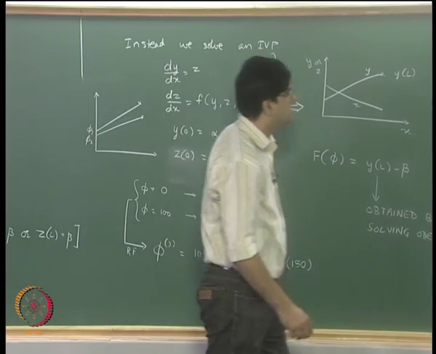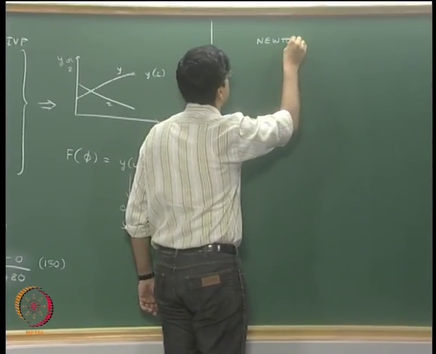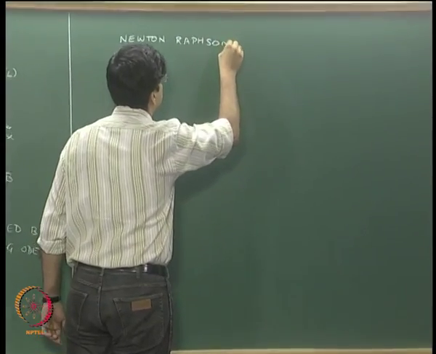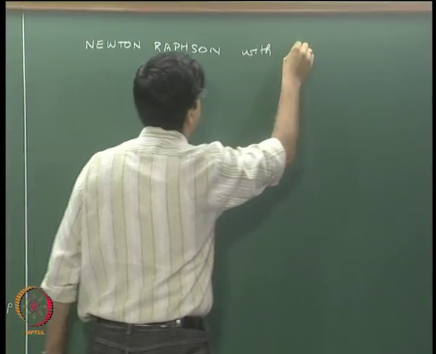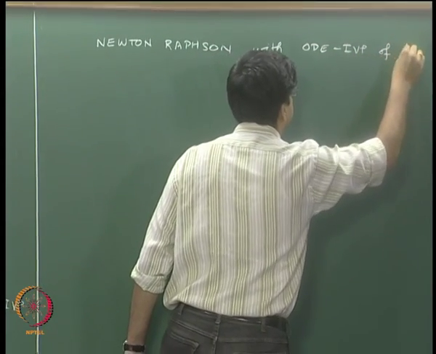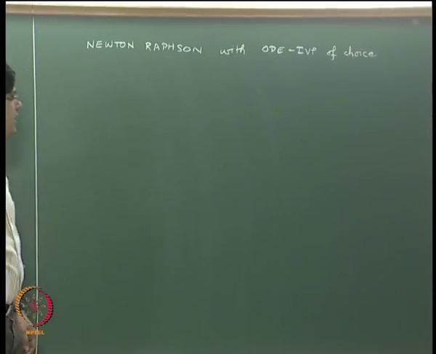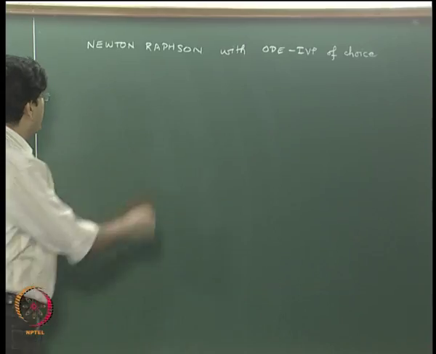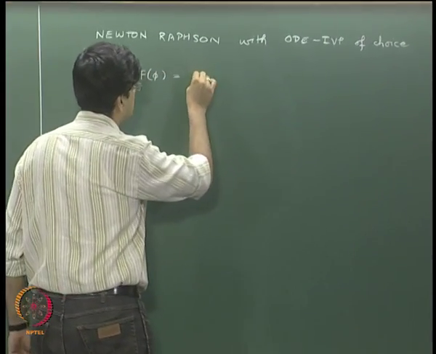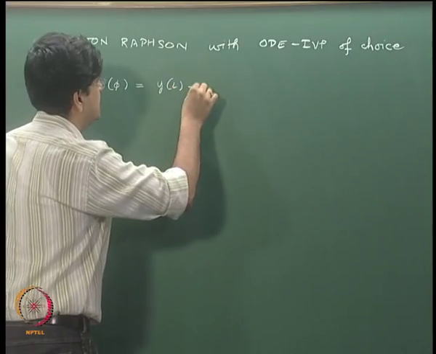And the final way to do this is we could have used the Newton-Raphson method, with an ODE IVP solver of our choice. In the Newton-Raphson method, what we have to solve is f of phi equal to y computed at L minus beta.